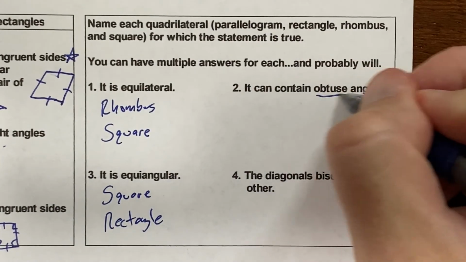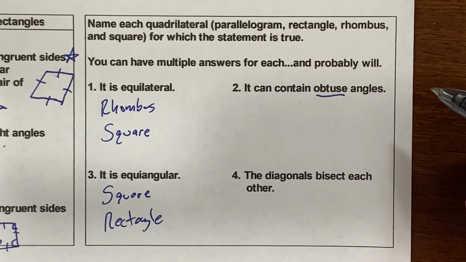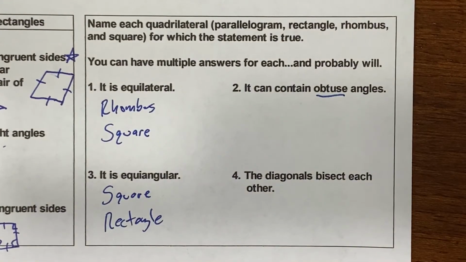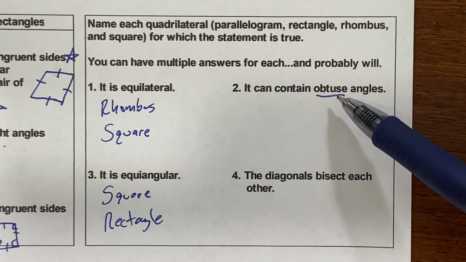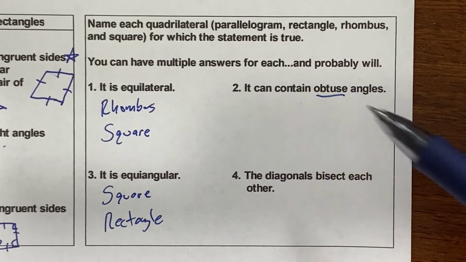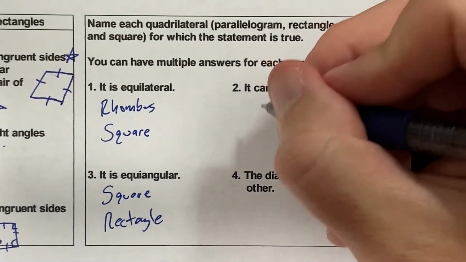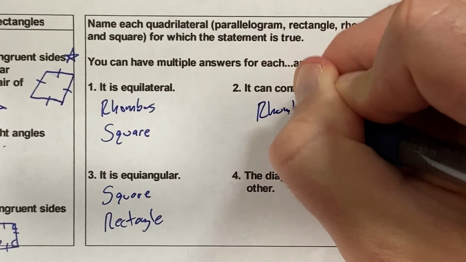It can contain obtuse angles. Obtuse, what does that mean? Well, when you're in, I don't know what grade, maybe 6th grade, your math teacher said obtuse and acute, and they always said itty bitty acute angles. So obtuse is going to be the big angles, bigger than 90 degrees. Which one of these would have angles that could be bigger than 90 degrees? Well, the rhombus could, right?